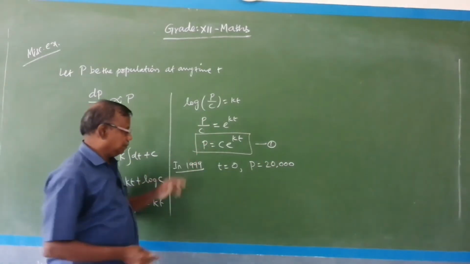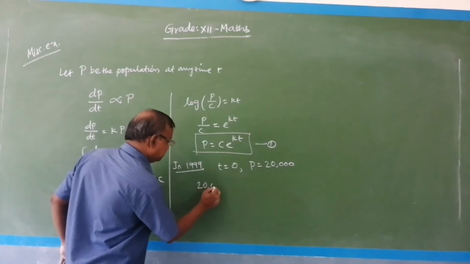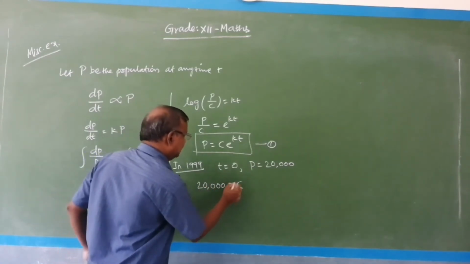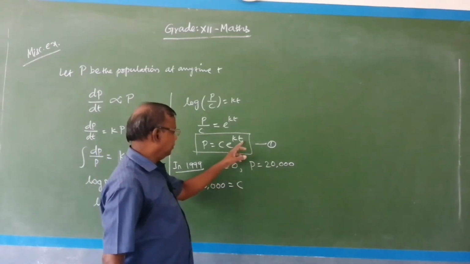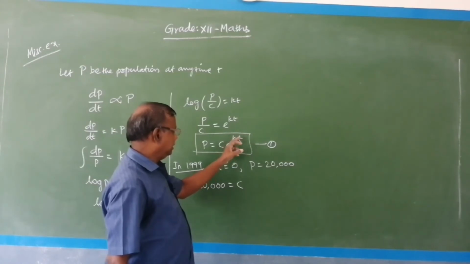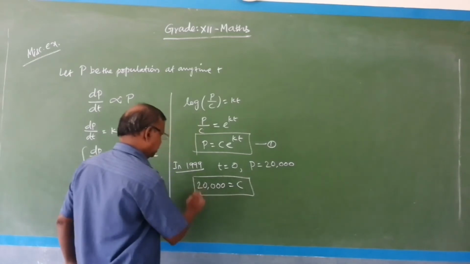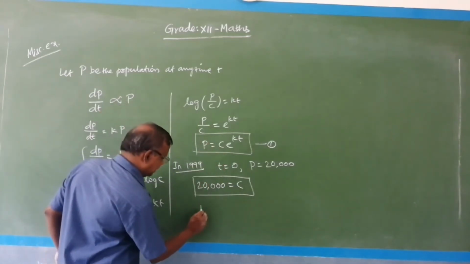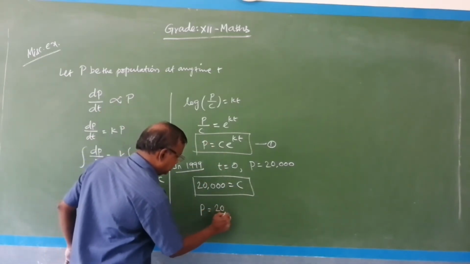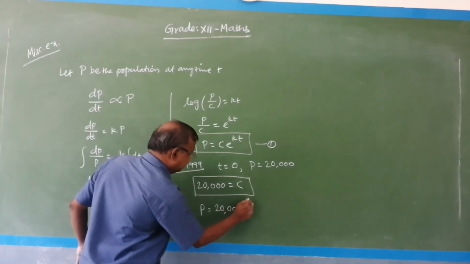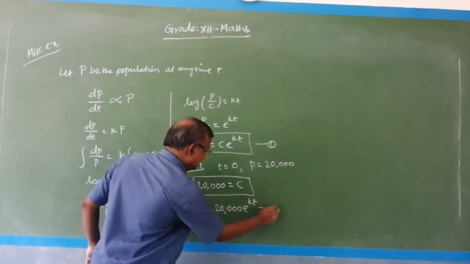So, substituting in the above, 20,000 equal to c into e power k into 0, so put 0 for t. e power 0 is 1, therefore the c value is 20,000. Substituting in the first equation we have p equal to 20,000 into e power kt. Say this is the second equation.